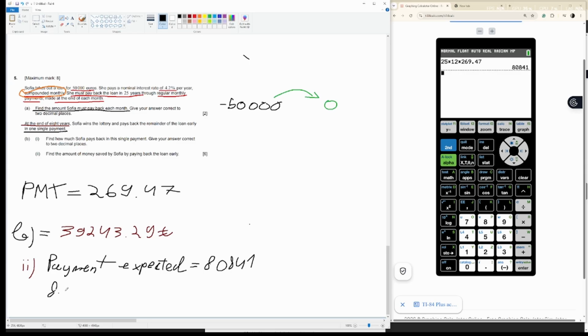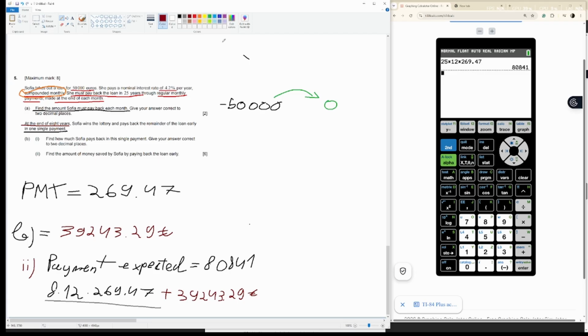However, the payment that she actually made was 8 times 12 times 269.47, because it is said that she paid for 8 years, and then at the 8th year she won and paid the rest, which was 39,243 euros and 29 cents.